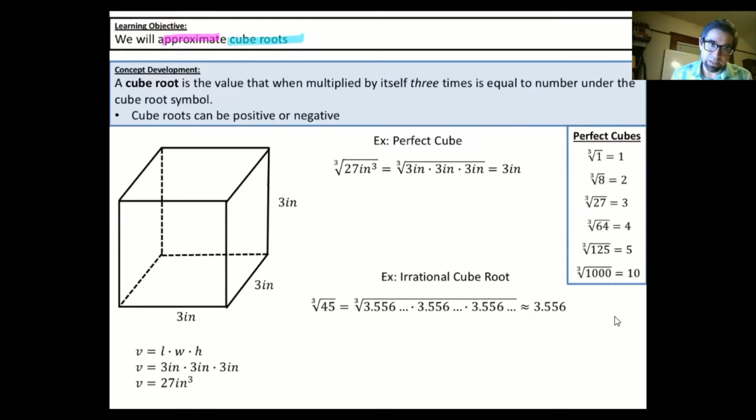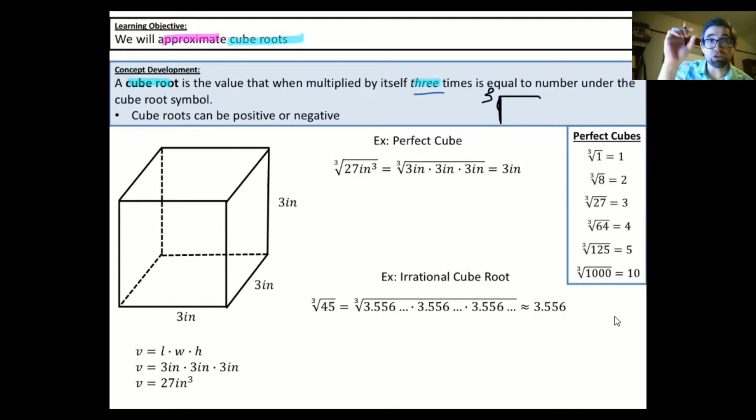Okay, so our concept says a cube root is the value that when multiplied by itself 3 times, right? So 3 times here, different than a square root, gives us the value under the cube root symbol. Well, let's first slow down and make sure we understand the difference between a square root and a cube root symbol. A cube root symbol is exactly the same as the square root, only we add a little 3 in front of it.